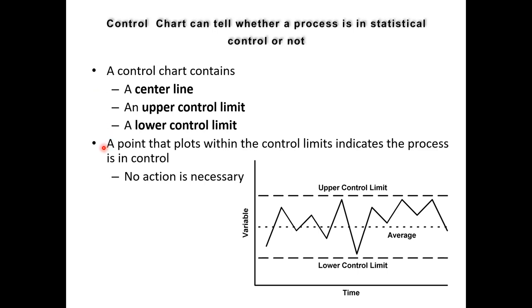Okay, so this is what your control chart would generally look like. You have the variables, the quality measurements reading on the vertical axis or y-axis, and on the horizontal is the time sequence, exactly when those quality readings occur.